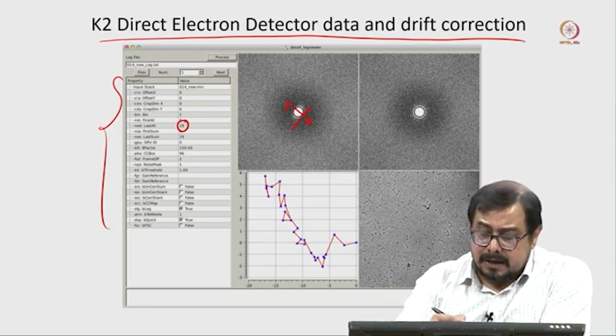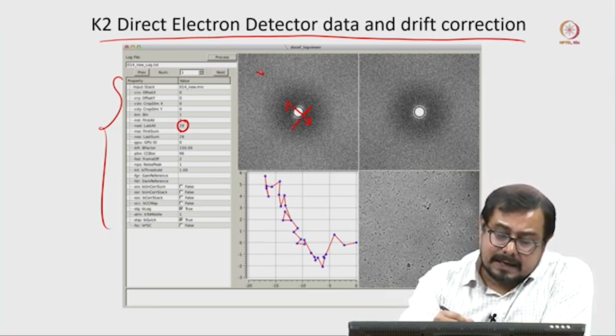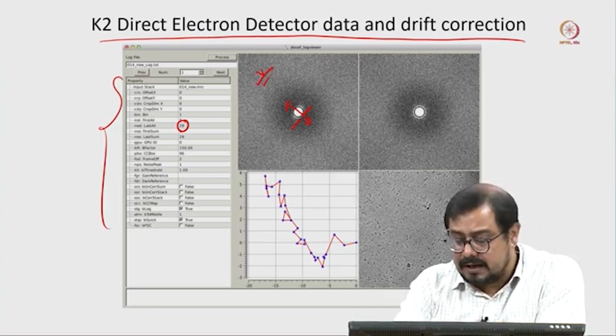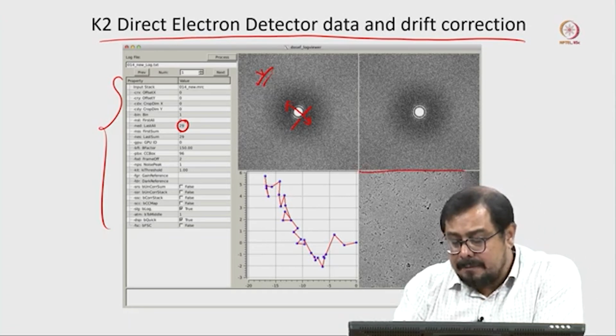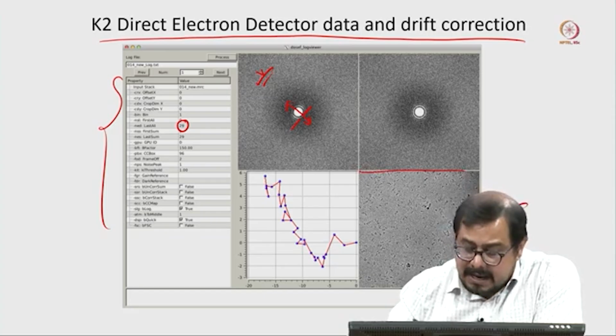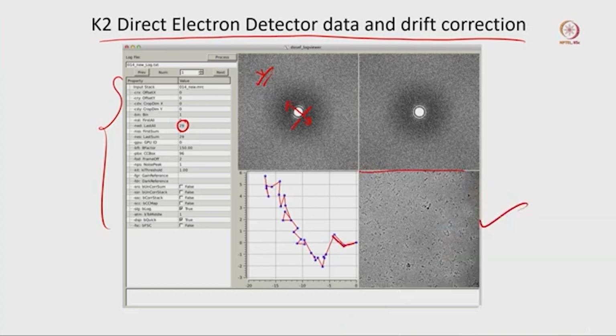In this particular case, this is before correcting the drift. So drift is not corrected here. Here it is after correcting, we can see the image, and here you can see the individual frames' motion. This is the first frame, then the second frame, the third frame, and how they move from one frame to the other. This is very unpredictable; we cannot predict in which direction it is going to correct.